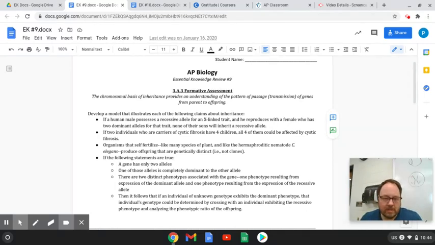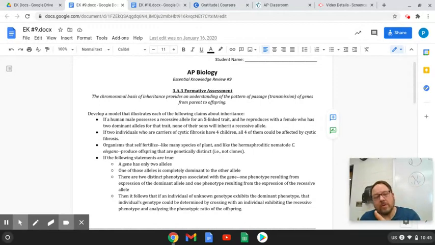Let's see, last bullet. If the following statements are true, a gene has two alleles, one dominant over the other, there are two distinct phenotypes, one with the dominant, one with the recessive, then it follows that an individual of unknown genotype exhibits the dominant phenotype. That individual's genotype could be determined by crossing with an individual exhibiting the recessive phenotype. Hey, it's a test cross, right? If you have an individual with the dominant phenotype, you don't know whether that individual is homozygous dominant or heterozygous.